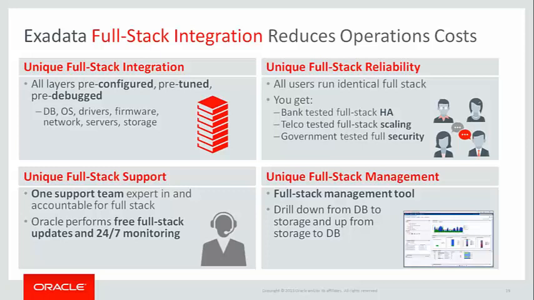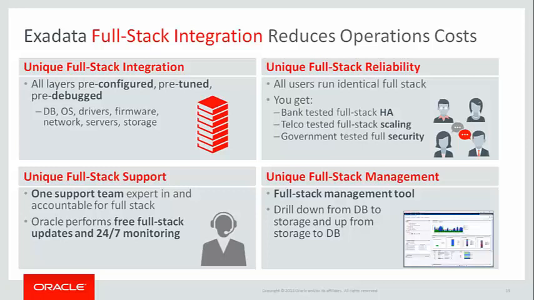In terms of reliability, the benefit Exadata offers is that all of the users run an identical full stack. So if any user reports an issue, it gets fixed for every customer, because the fix is put into the software that is used by everybody. As you know, the biggest banks, biggest telcos, and government use Exadata.